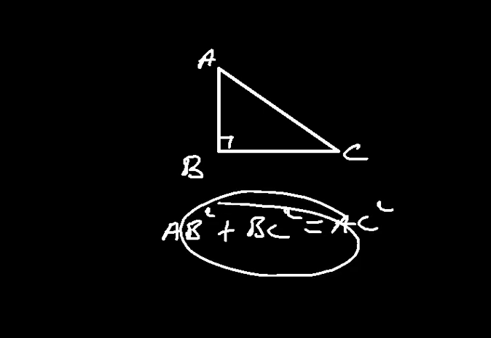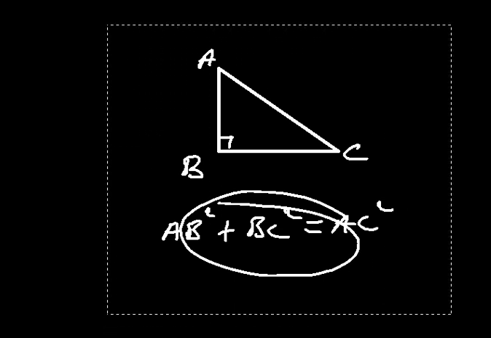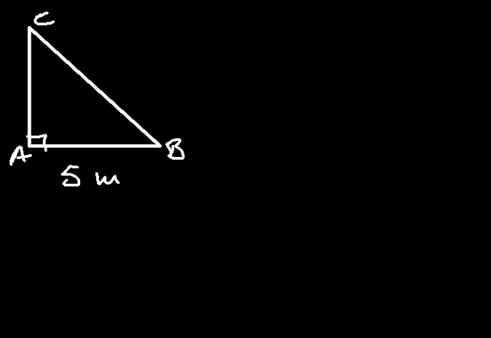Now, let's say we have a right triangle, triangle A, B, C. In this case, let's say this is 5 meters, and this is 4 meters. What is the value of the side AC, actually CB, if this is the case?